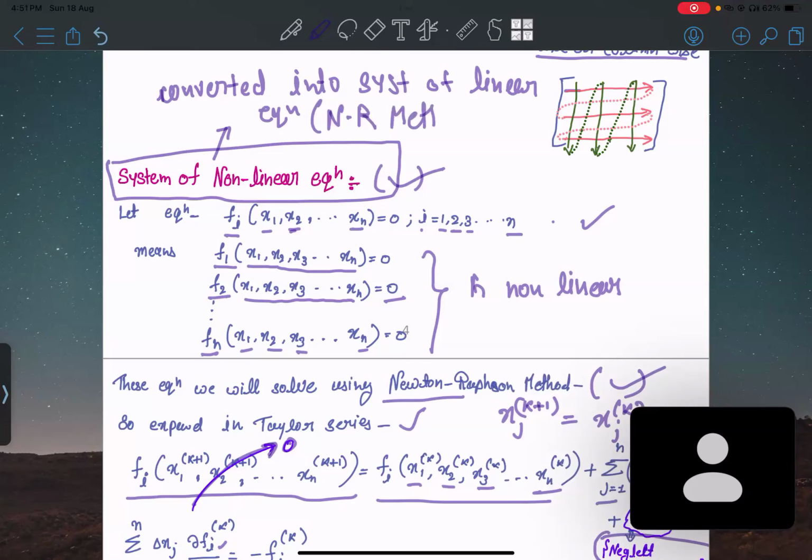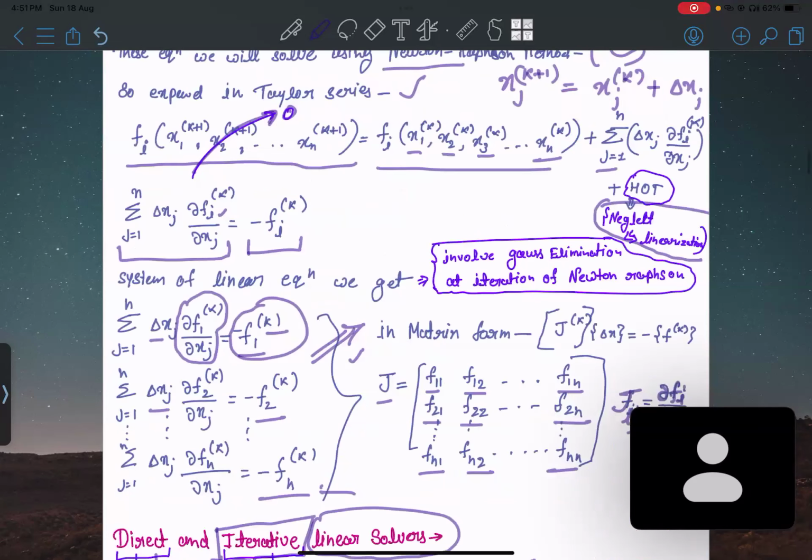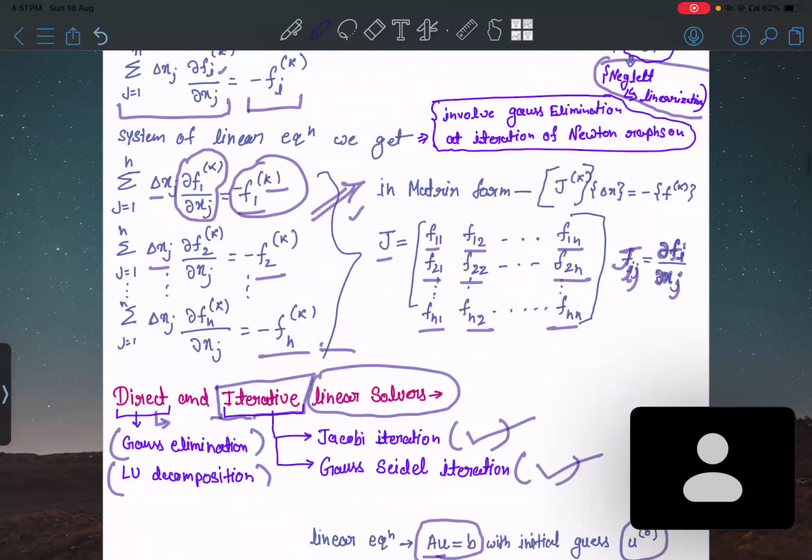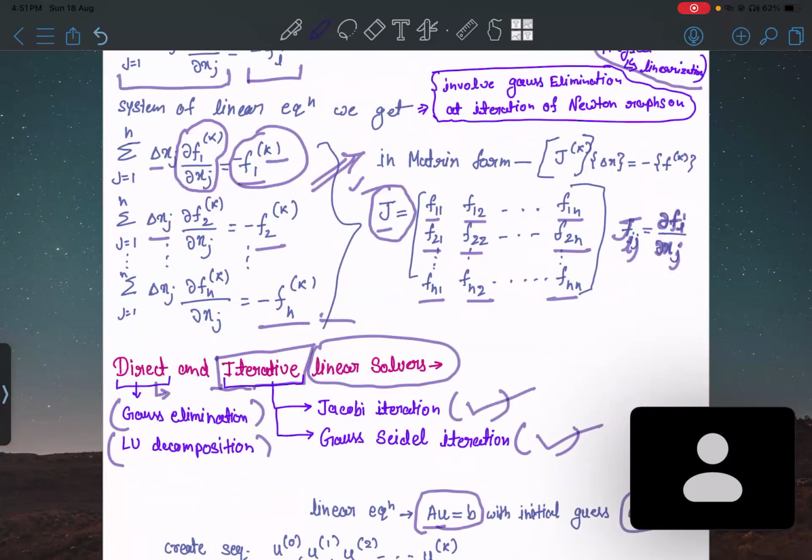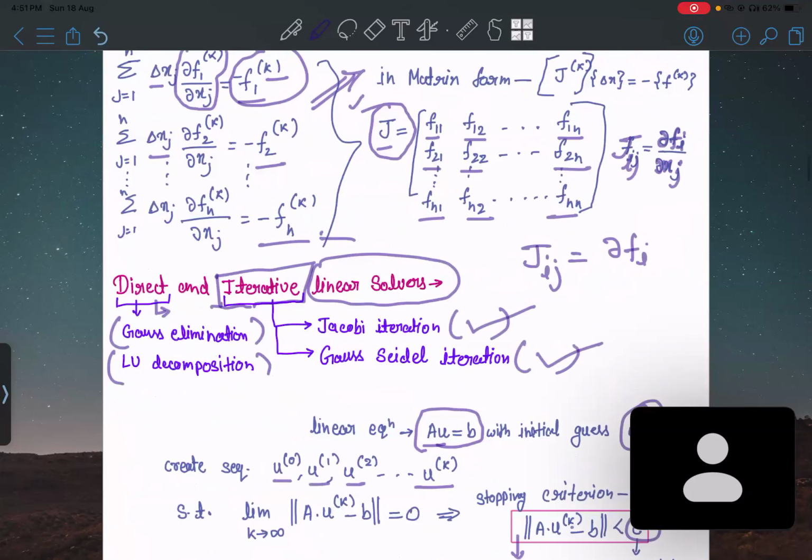Okay. Then we have solved it. We can solve it using Gauss elimination or other linear solvers. Okay. There we have learned about a matrix that is known as the Jacobian matrix. The Jacobian matrix is defined as J_ij equal to del f_i divided by del x_j. Okay.